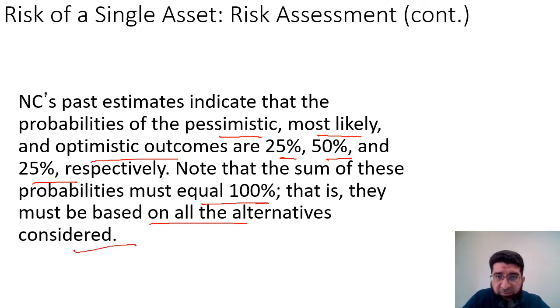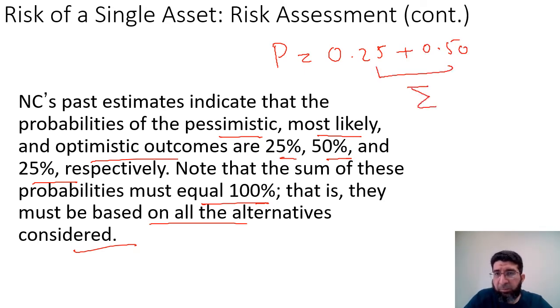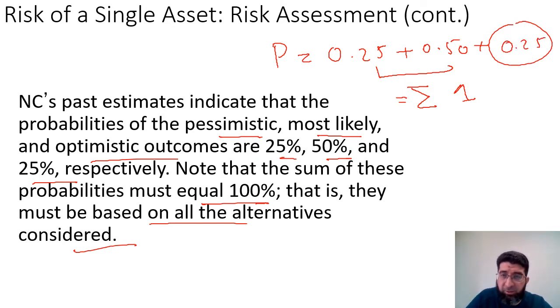So we cannot have probabilities of 0.25 plus 0.5 only. This is not possible because these probabilities do not sum to 1. So we have one scenario left for which we need the probability, which is 0.25. So remember, probabilities always sum to 1.